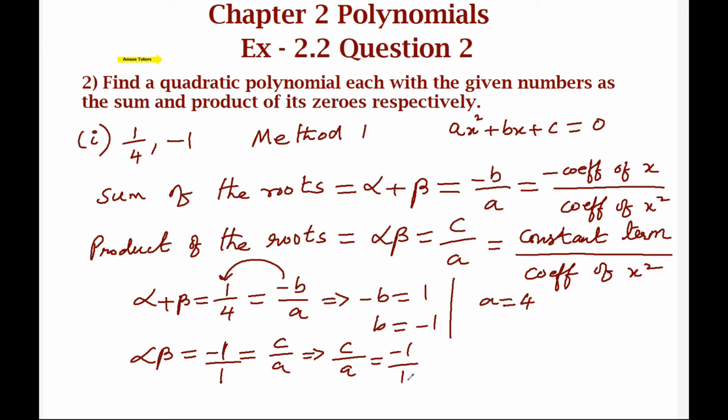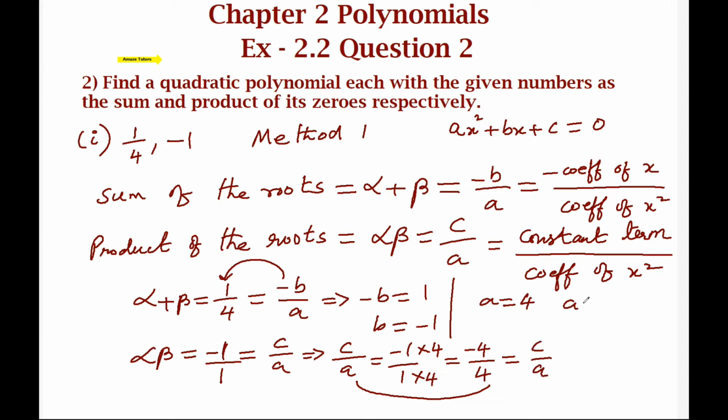So to make it the same, I can find the equivalent fraction with denominator 4. For that, I can multiply both numerator and denominator by 4, which will become negative 4 by positive 4. Now a is the same. This can be considered for c and a.